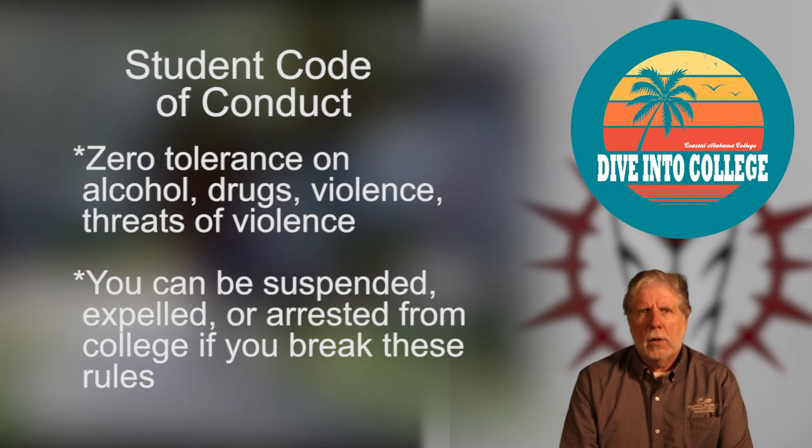We are zero tolerance for alcohol, for drugs, for violence, threats of violence, and we take this very seriously. Not only can you be suspended or expelled from the college if you break these rules, but also our campus police are duly deputized by the governor, and they can arrest you. It's not up to me whether they do that or not. It's up to you and them.